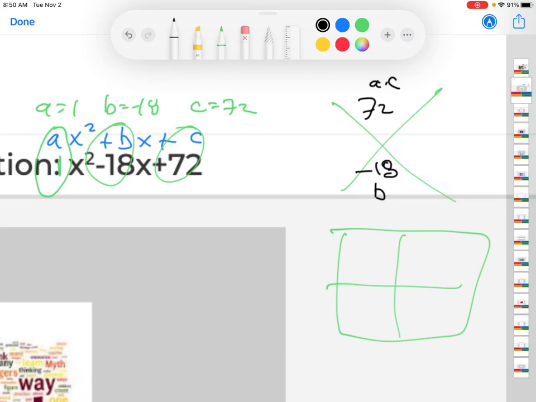Let's list out all the factors of 72. I always like to start with the number times itself, and then what I do is I just kind of break it down, on the right side I'm just kind of going up.